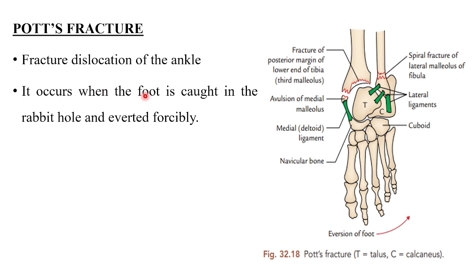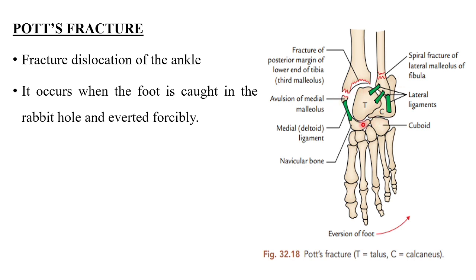It is a term used to describe a bimalleolar fracture, both your medial and lateral malleoli, or it is otherwise known as trimalleolar. Trimalleolar means your medial and lateral malleoli and your distal tibia get fractured. So these are the three structures that are involved in the Pott's fracture.